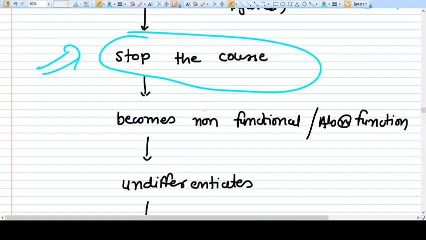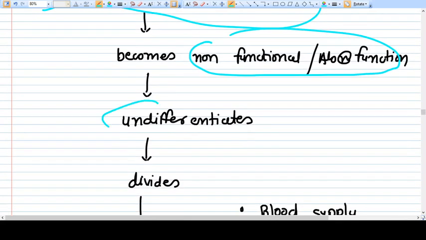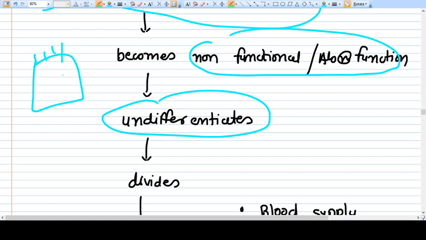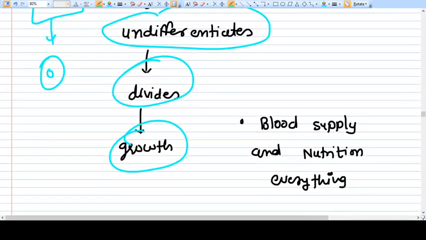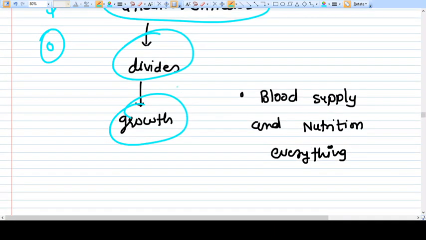It again becomes non-functional and undifferentiation happens. The cell goes from a very good functional cell to just an undifferentiated cell, which keeps dividing and keeping the growth. Any cell or any mass production needs blood supply and nutrition.